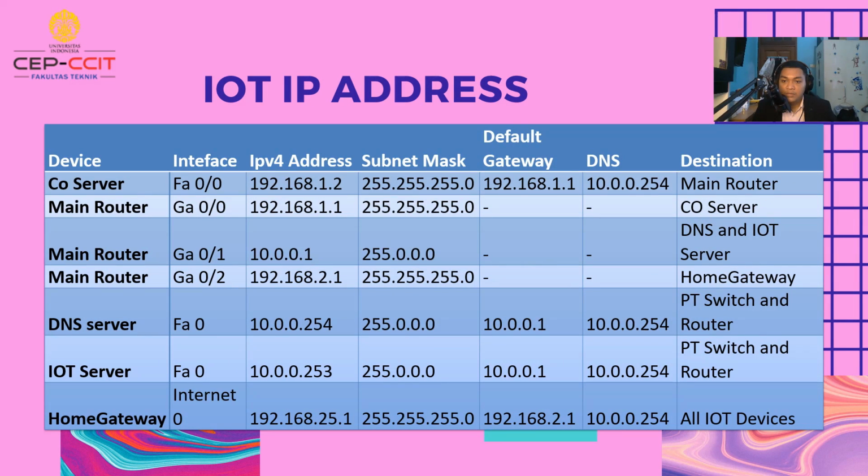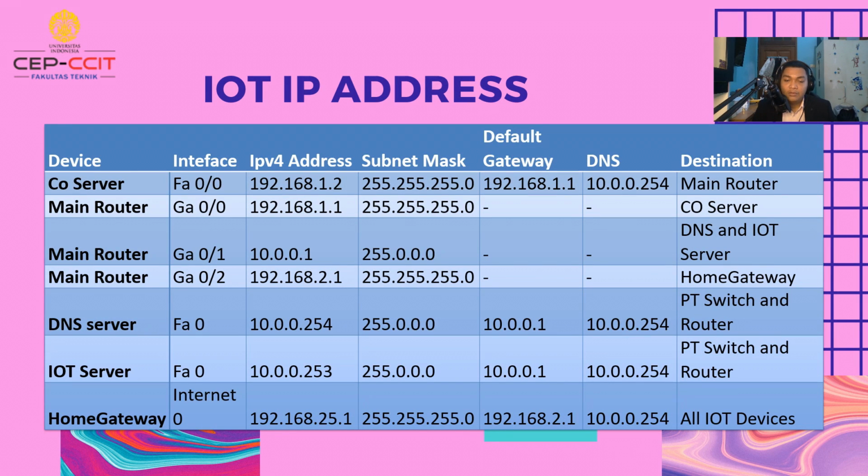The default gateway is 192.168.1.1 and the DNS server is 10.0.0.254. The destination is the main router, so the central office connects the main router and the cell tower.